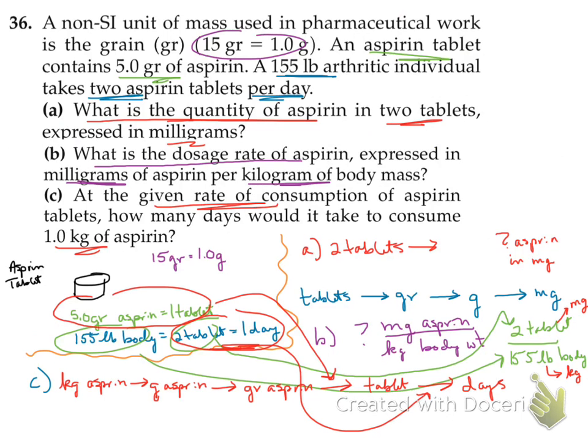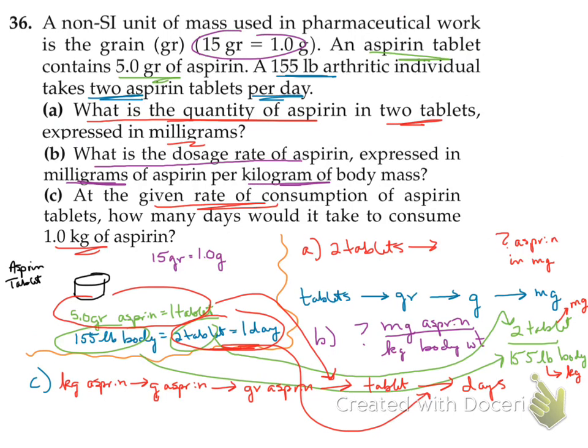And then A specifically says what quantity of aspirin in 2 tablets, what is the quantity of aspirin in 2 tablets expressed in milligrams? So here's my kind of doodling for that. Tablets to grains, grains to grams, grams to milligrams. And sometimes there's more than one way to work this, definitely.